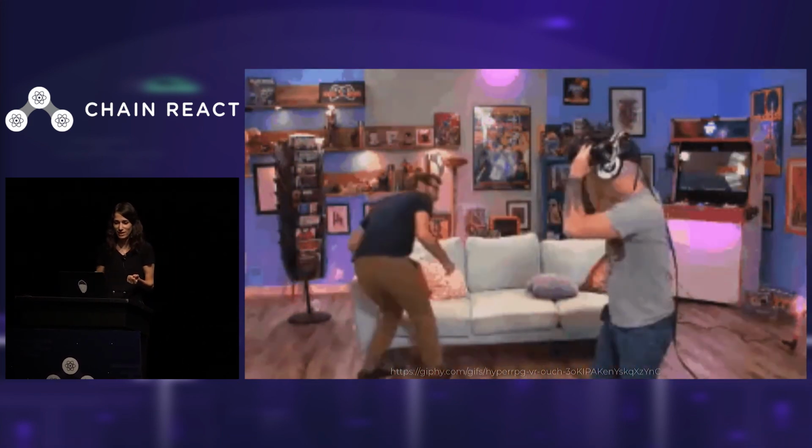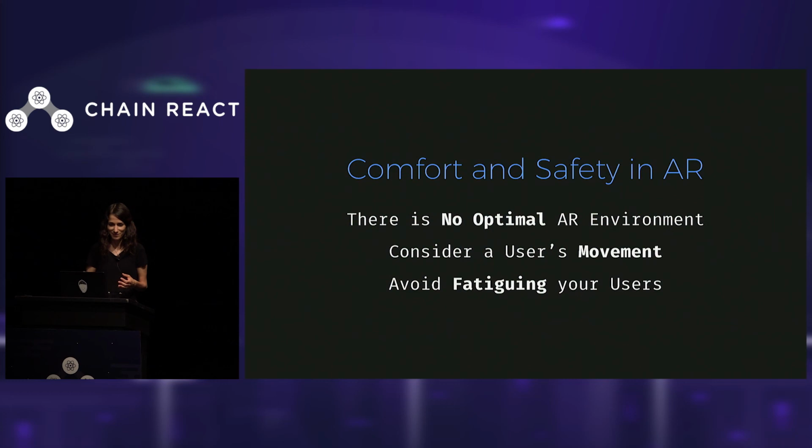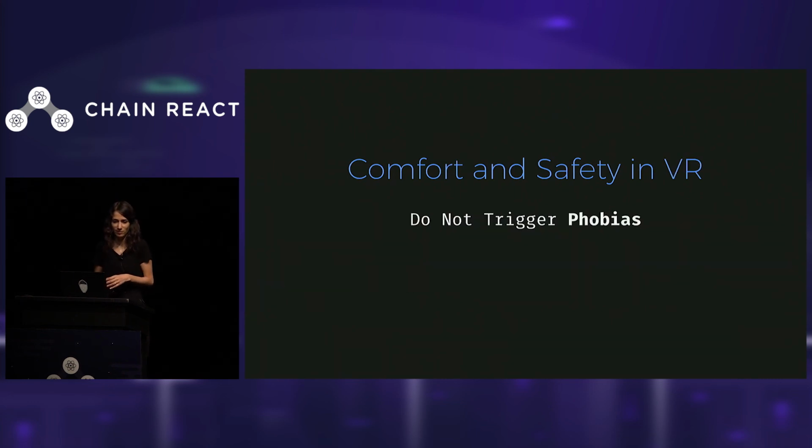To reduce the risk of making a user run into physical objects or even people, you should avoid encouraging large or sudden movements. The last tip for a good user experience in augmented reality is to avoid fatiguing your users. You should respect that holding a smartphone at a certain angle can be really exhausting, so consider reducing the movement by placing objects at a certain distance.